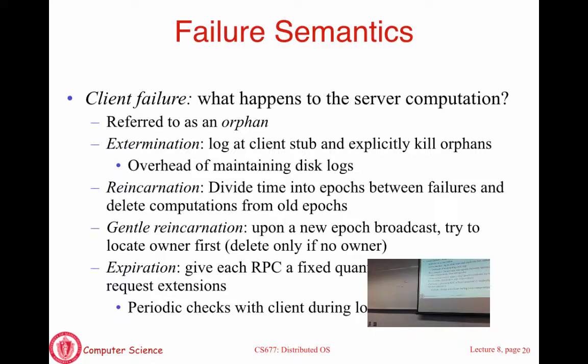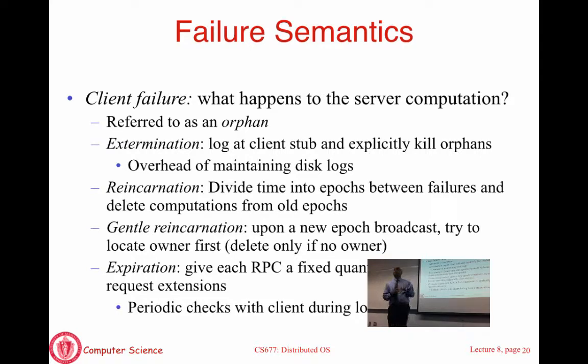So all of these techniques will actually require you to keep track of whether the client is up or not. Extermination says you are going to maintain disk logs, which won't disappear. They will persist across reboots of the client and the server, and you'll use this to deal with client failures. I'm going to start bottom up.